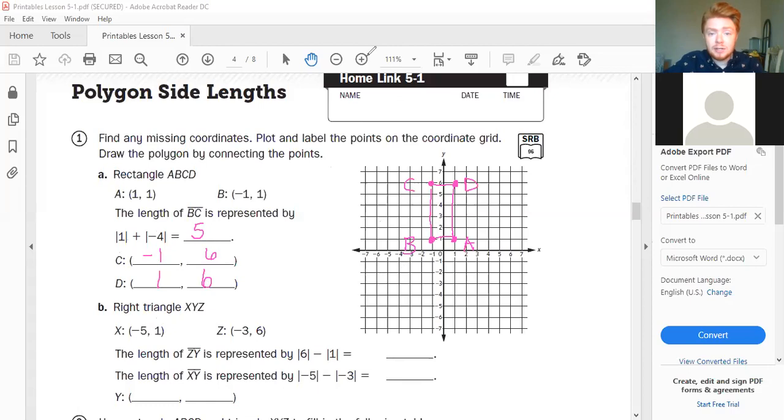Let me use a different color for this one because they're going to overlap a little. I'm going to the -5 hallway, up to the first floor. Boom, right there. And that point is called X. Now this one, I'm going to the -3 hallway and up 6, right there.